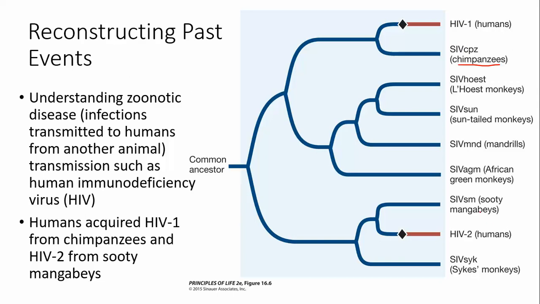But there's a second strain of SIV in sooty mangabeys that's more closely related to HIV-2. So even though you might have heard rumors that HIV came from some sort of interaction with chimpanzees, it turns out there are multiple strains, and humans actually got infected with HIV at least twice. Once from chimpanzees and once from sooty mangabeys.